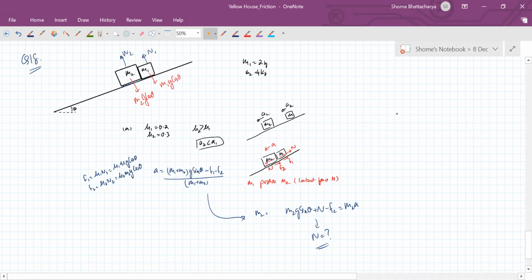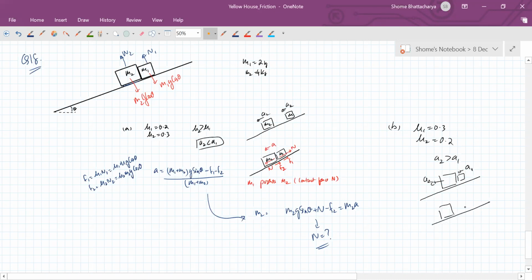Now similarly the B part is the other way around. In B part, mu1 is 0.3, mu2 is 0.2. So here what happens is that A2 has a tendency of being greater than A1. So they will just lose contact here. So this will just set off with an A2 greater than A1. So there would be no contact force.